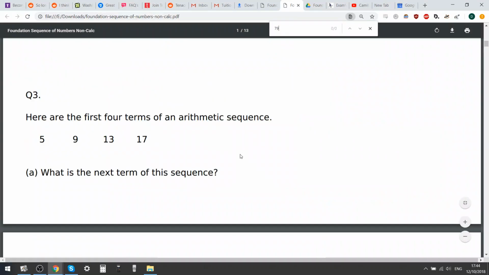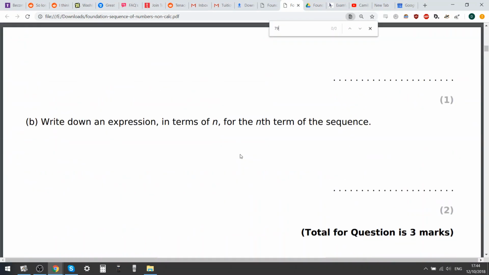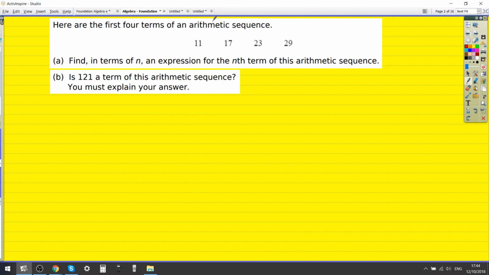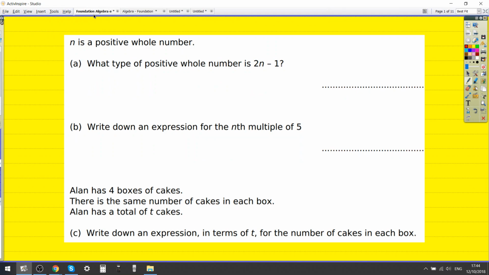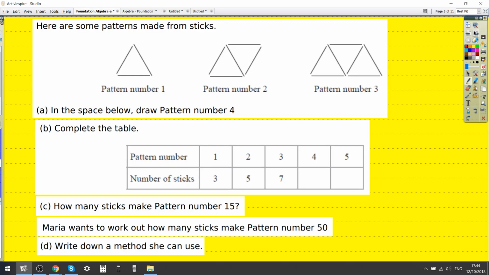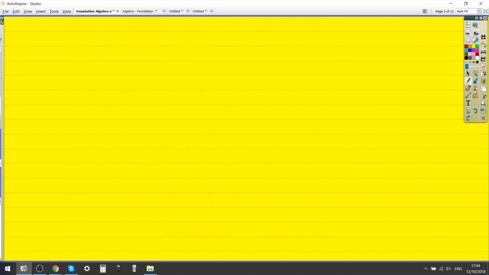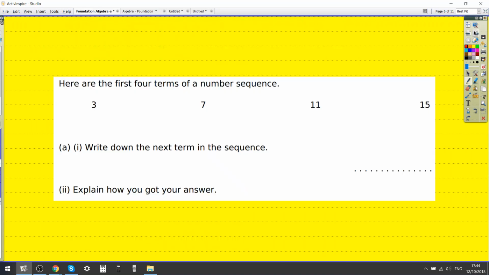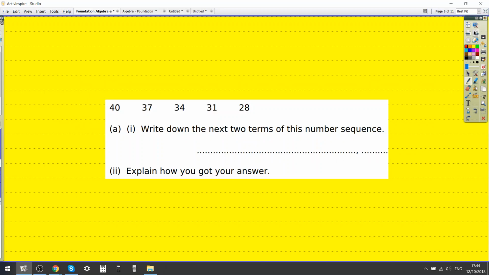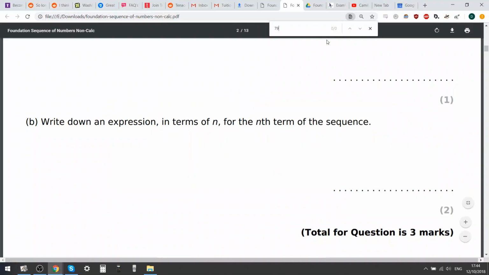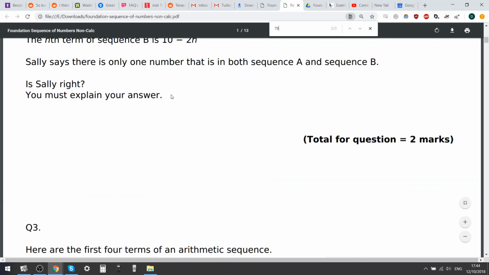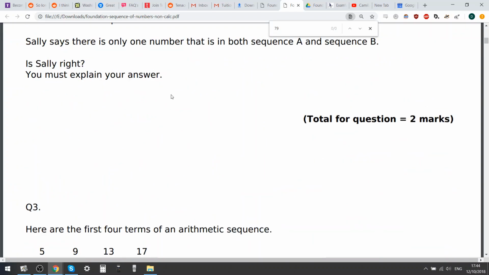No, I'll just stick to the exam questions. Let's see. All right, no, do it this way. So these are the 1 markers. Now I'd better stick just to the full exam question.